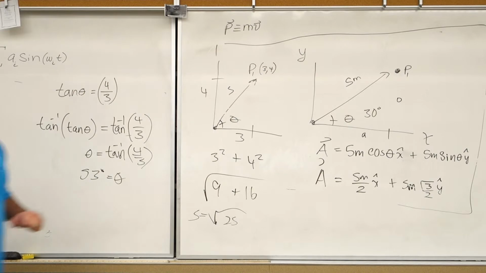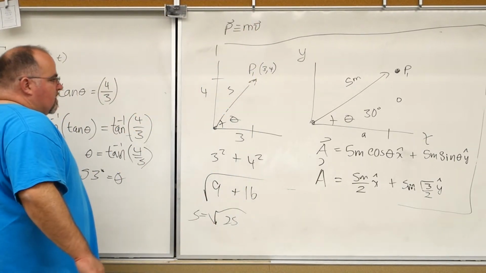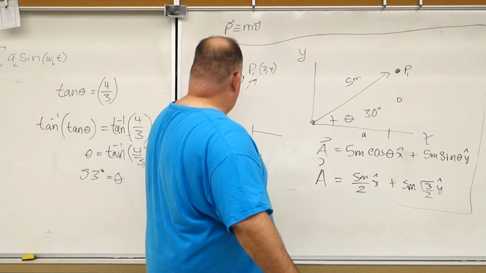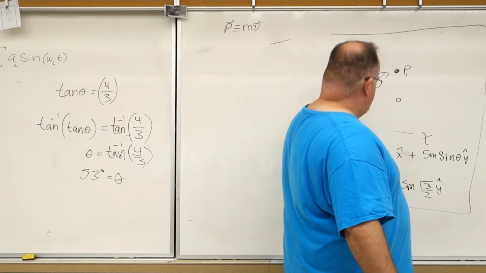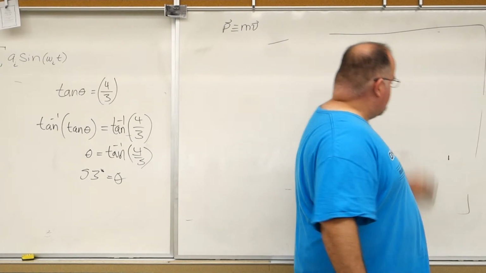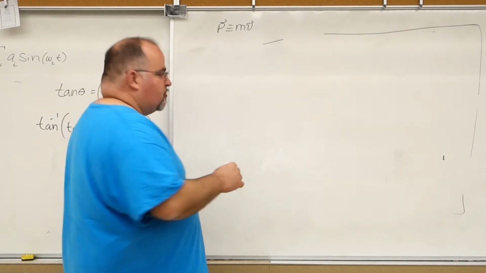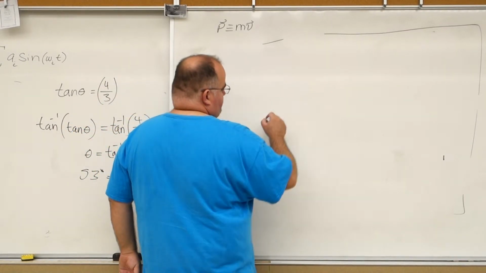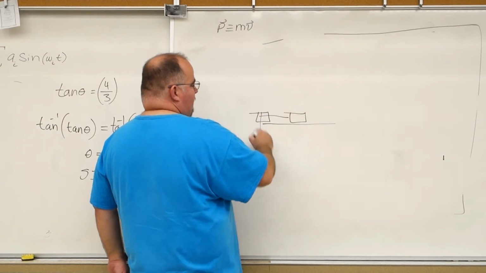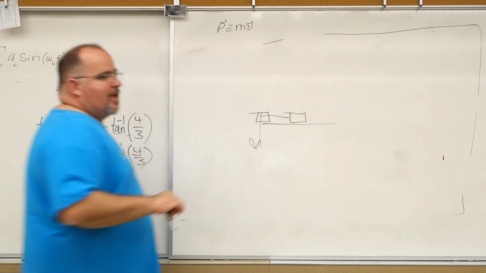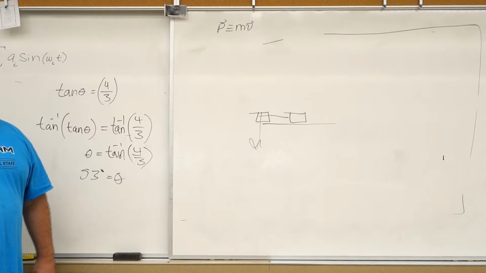Let me make one more comment. If you're studying physics, you're working on a problem, it's best to choose the coordinate system that matches the problem. So if you're talking about a car driving and dragging some weight and there's mass getting pulled down, how do you want to line that up to make the math simple so you don't have to convert between the angles or anything like that?